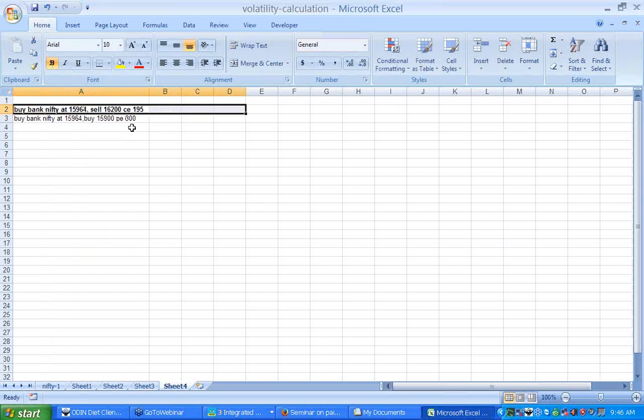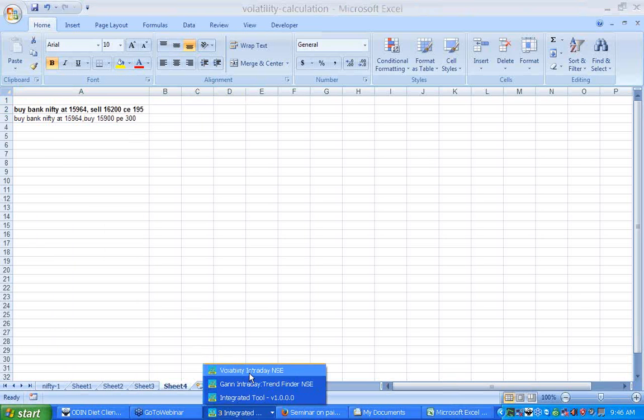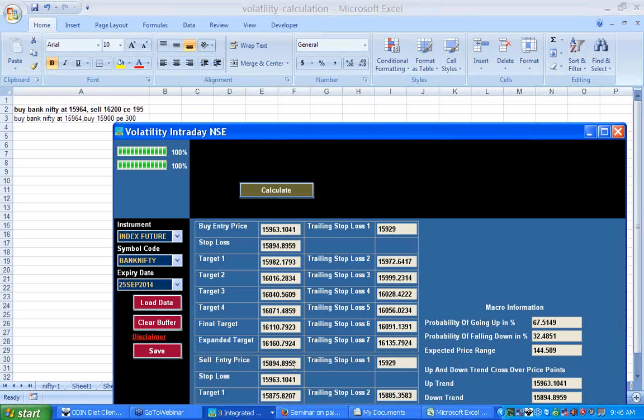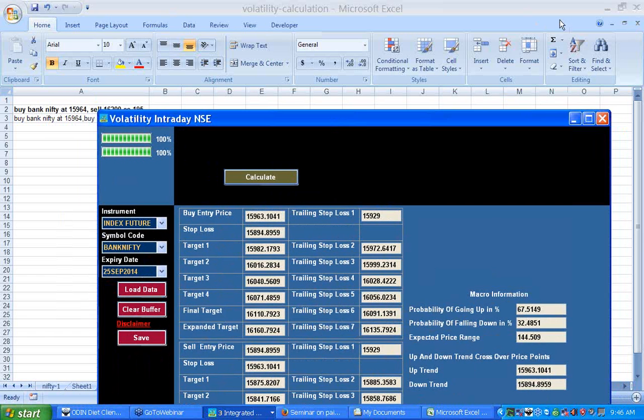So I'll prefer the first option, buying Bank Nifty with a stop loss of 15,894, and along with that selling the 16,200 call option at 195 or above, or at that time it may be trading at 200 or above. So I have just initiated this particular trade of Bank Nifty with these views.